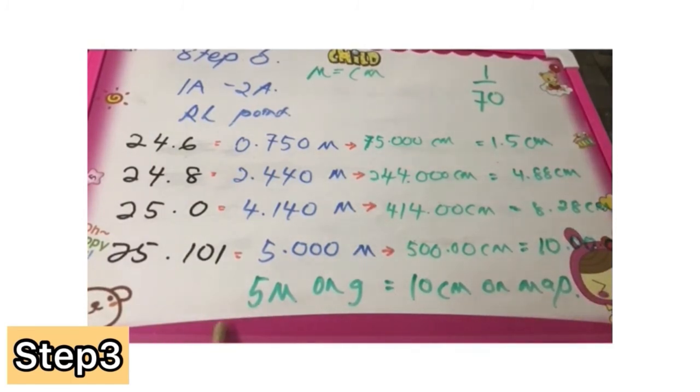So for scale 5 m on ground equal 10 cm on map.